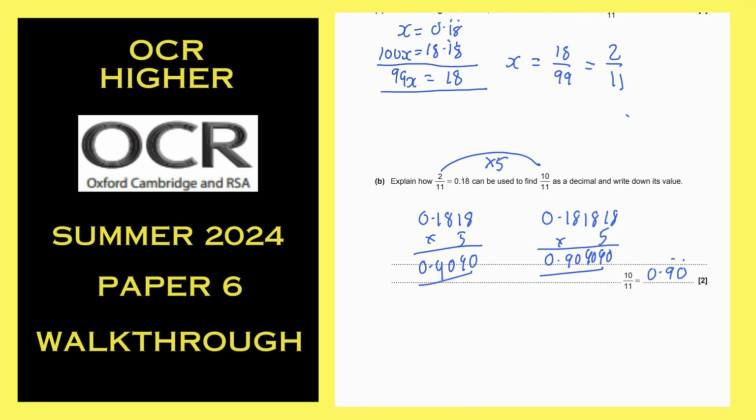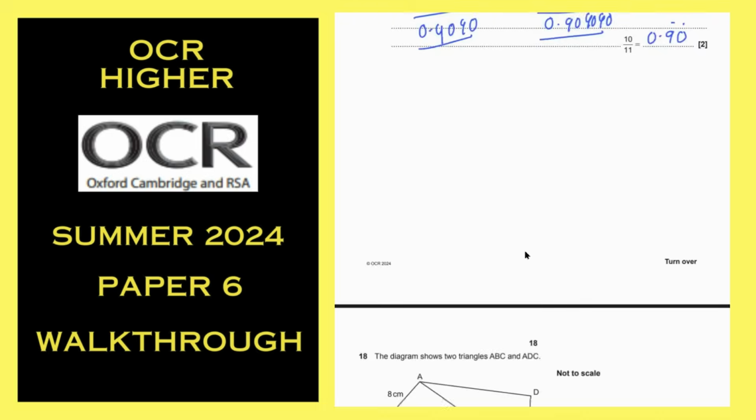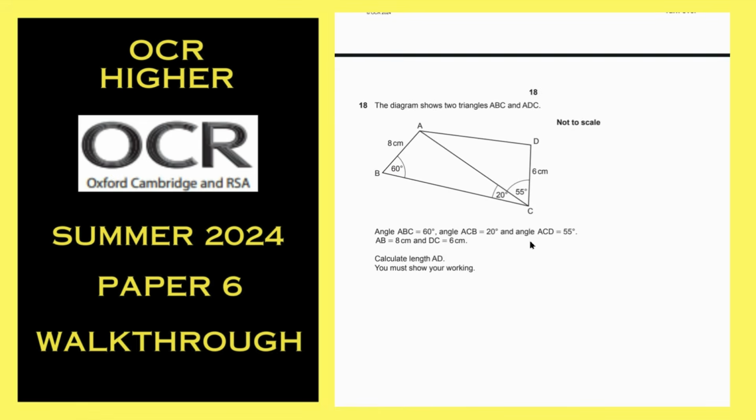You can times by 10, which budges them up to 1.81818. And what does 18 halve to get? 9. So you can times by 5 by timesing by 10 and then halving. However you get there, it's all good for the 2 marks.